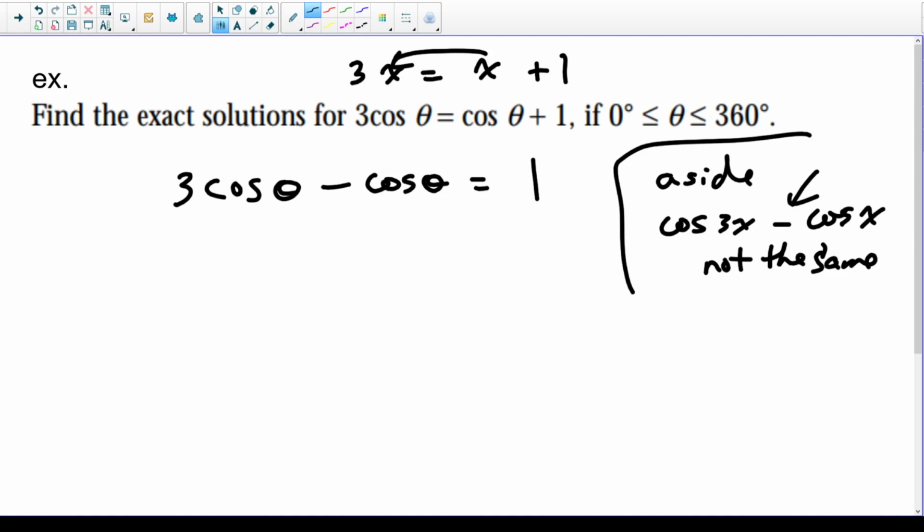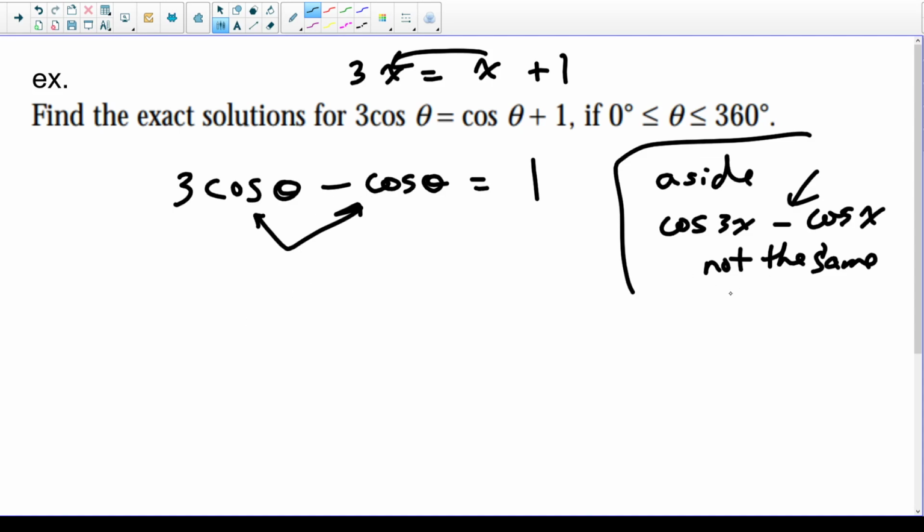All right, yeah. So we can't, there's no way you can combine cos 3x minus cos x, because the 3 here is trapped inside of the cosine, which means these are not the same type of term. They're not like terms. But these are like terms. I've got 3 of these things minus 1 of those things. Those are like terms.